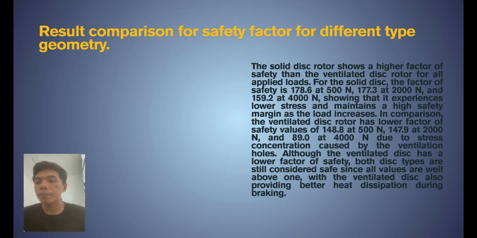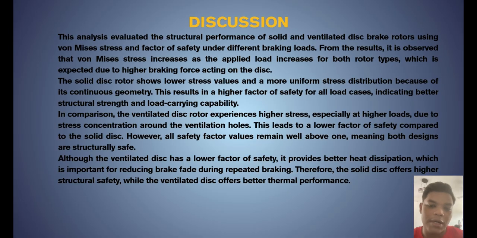In comparison, the ventilated disc rotor has lower factor of safety values of 148.8 at 500 Newton, 147.9 at 2000 Newton and 89.0 at 4000 Newton due to stress concentration caused by the ventilation holes. Although the ventilated disc has a lower factor of safety, both types are still considered safe since all values are well above 1, with the ventilated disc also providing better heat dissipation during braking.